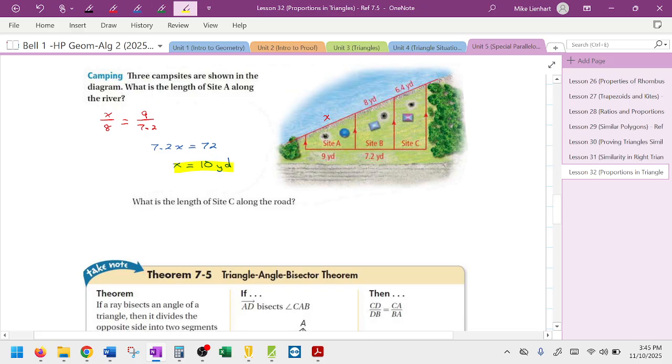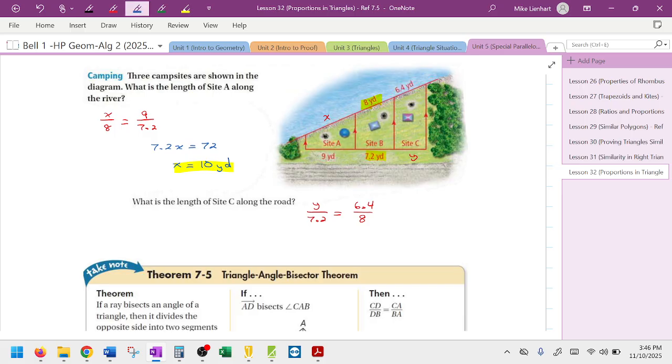Okay? What about finding c? Well, I'm going to call c y, side y. I again want to use this common relationship here, but now I'm also going to bring in this 6.4. I don't need the x or the 9 here. So my proportion would be y over 7.2 is equal to 6.4 over 8.